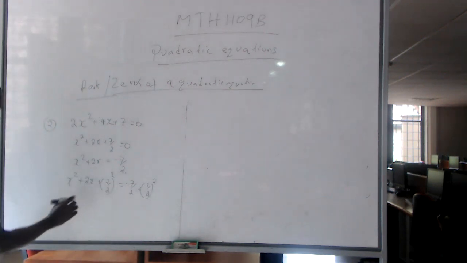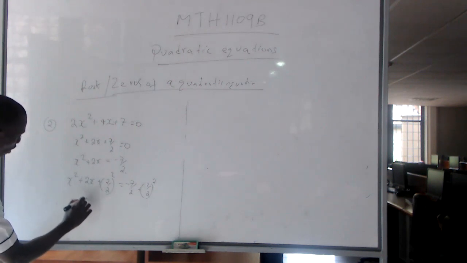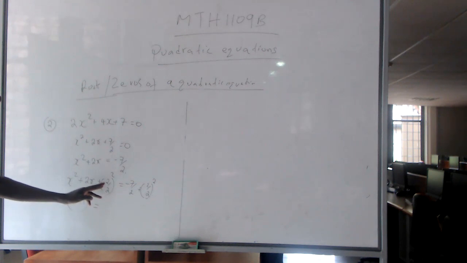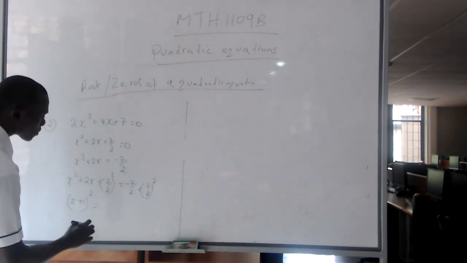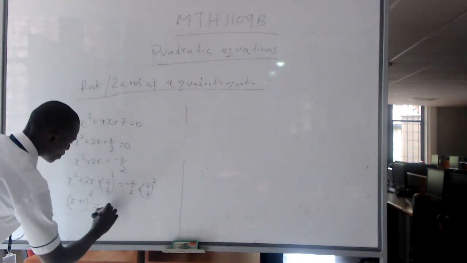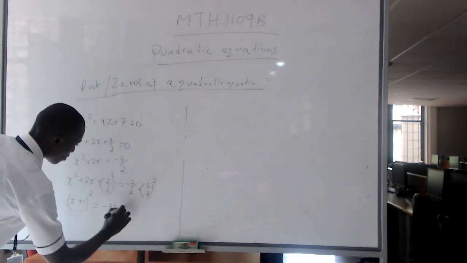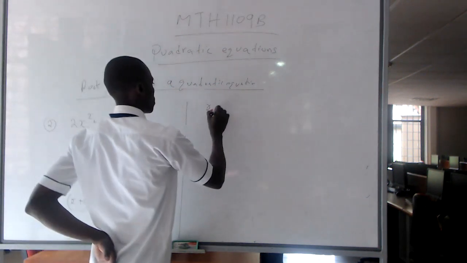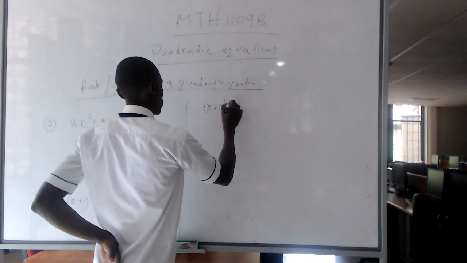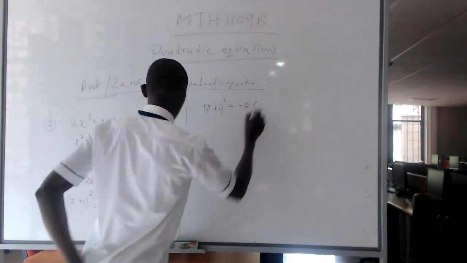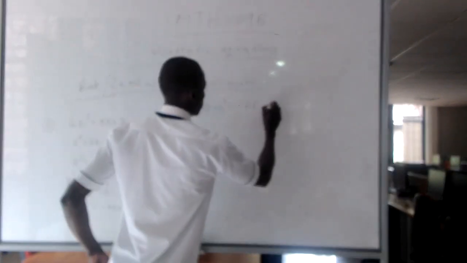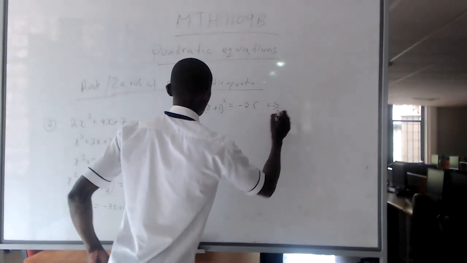Over here, we will simply have x plus 1 squared is equal to, where the 1 is simply 2 divided by 2, minus 3.5 plus 1. So this means x plus 1 squared is minus 2.5. So minus 3.5 plus 1 is minus 2.5, which is the same as minus 5 divided by 2.